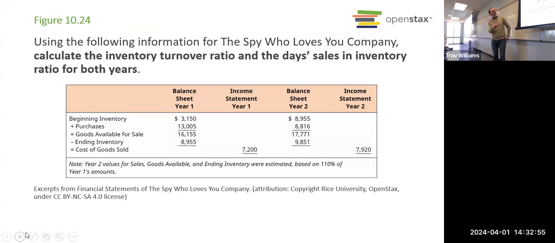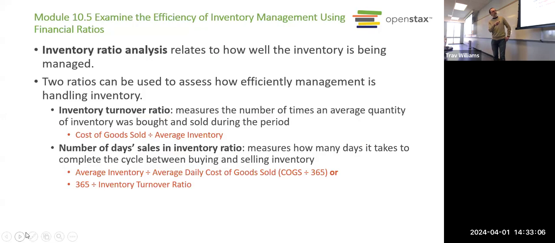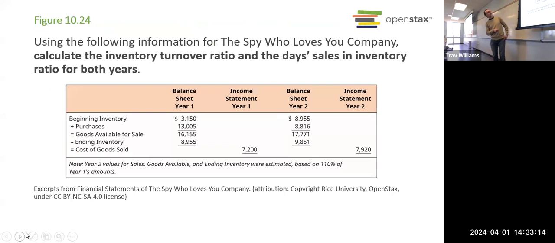So here we've got a balance sheet and an income statement for year 1 and for year 2. And let's start with the inventory turnover ratio. The formula was cost of goods sold divided by average inventory. If we're trying to do that for year 1, we would take cost of goods sold, and we'd have to divide that by average inventory, which means we take our beginning inventory plus our ending inventory, and then divide that by 2.